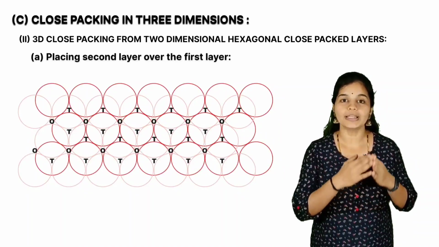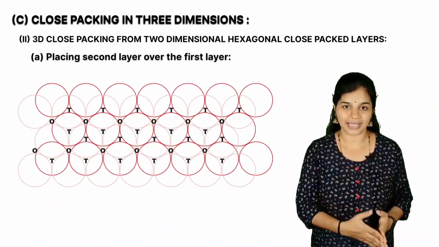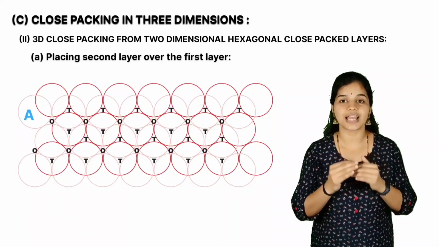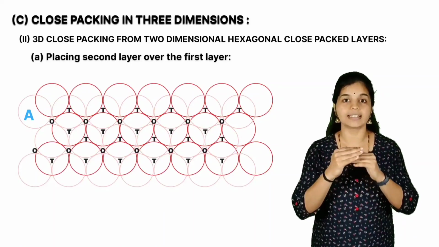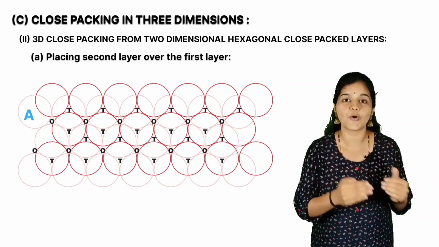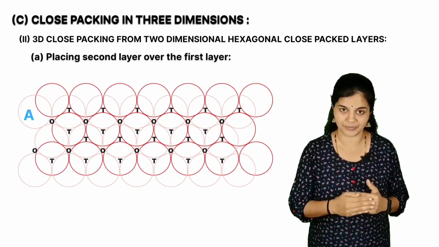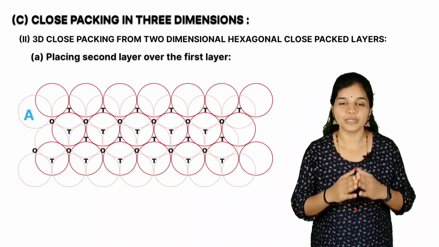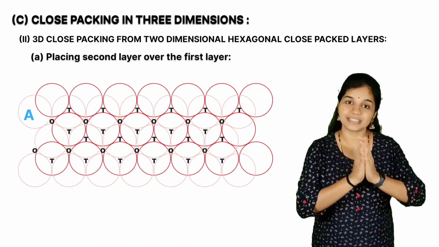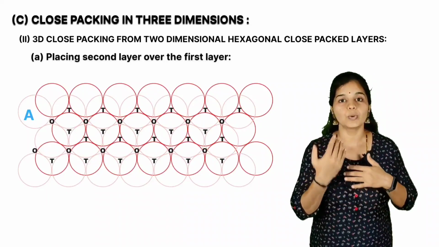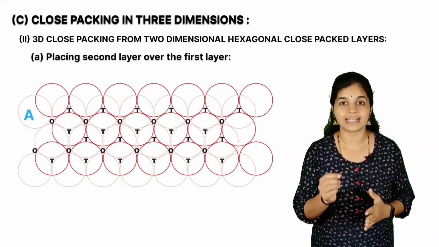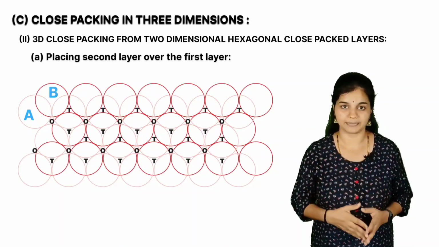Let us call the first layer A type, and since we have placed the second layer such that the spheres fall at the depression of the first layer, the spheres of the 2 layers are aligned differently. So, now let us call the second layer B type.